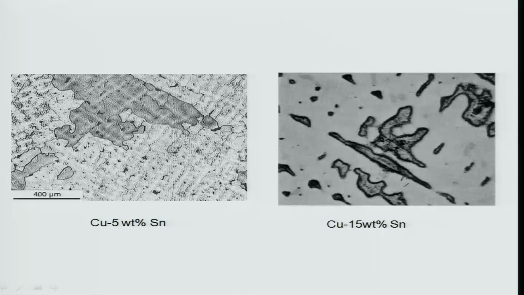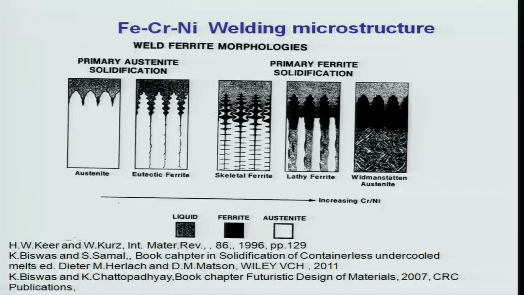This is your alpha and this is your beta. Alpha is present like a skeleton and beta is present like a bulk gray phase. Alpha is black in color. Same thing here also, this is your alpha, this is your beta. So you can see the signatures of peritectic reactions in phases.